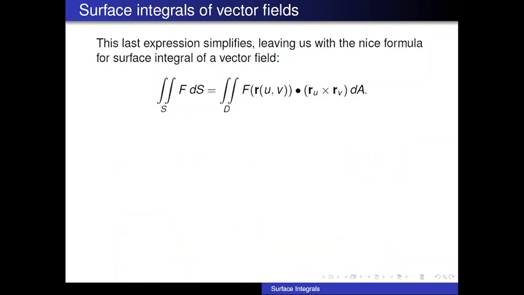So that we get this much simpler looking expression for the integral of a vector field over a surface in space. It is just the double integral over the region D of the dot product of the vectors big F along the surface r of uv, dotted with the cross product of r_u cross r_v, or possibly r_v cross r_u if that's the one that points outward, or if that's the one that you're explicitly told to be using in some other context.